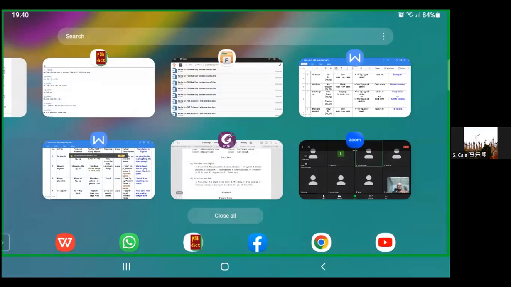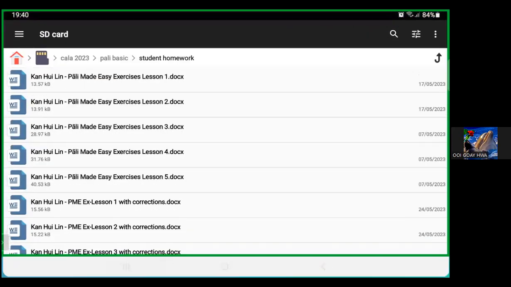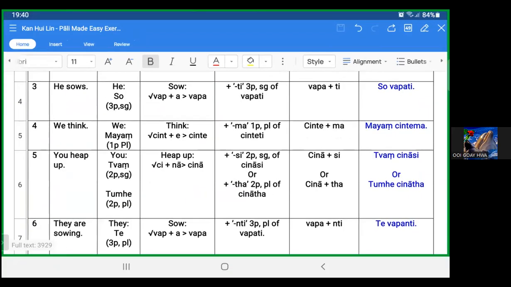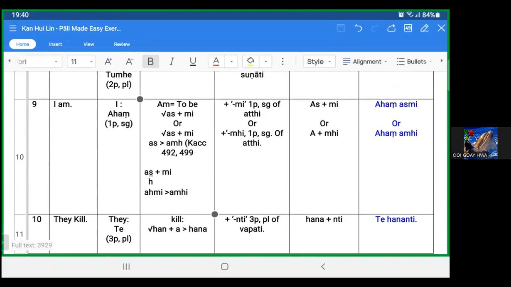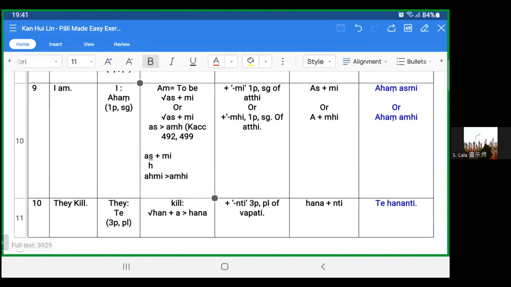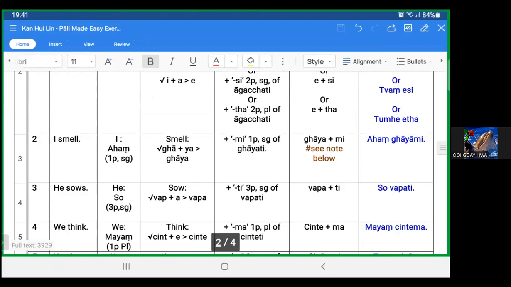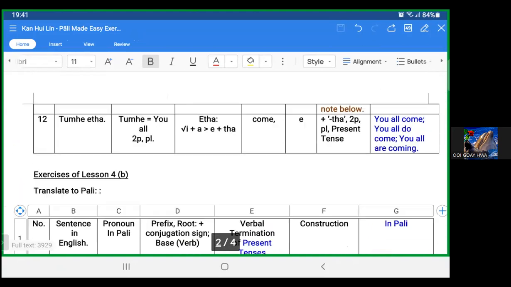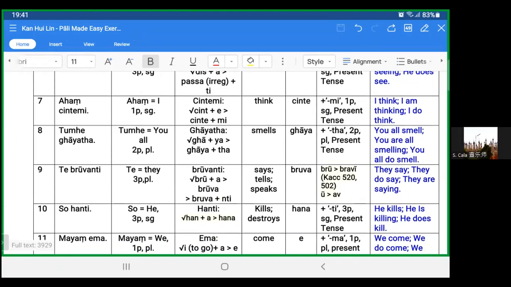Now today, can you please go back to the translate to English exercise? Number 9. Translate Pali to English. Number 9. This one, bruva, is the verbal base. Is the brew here a long u?